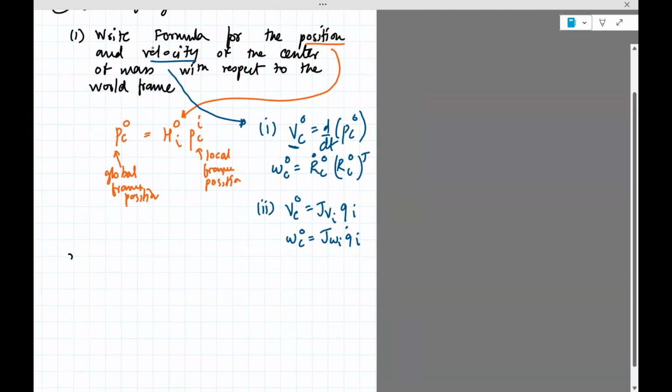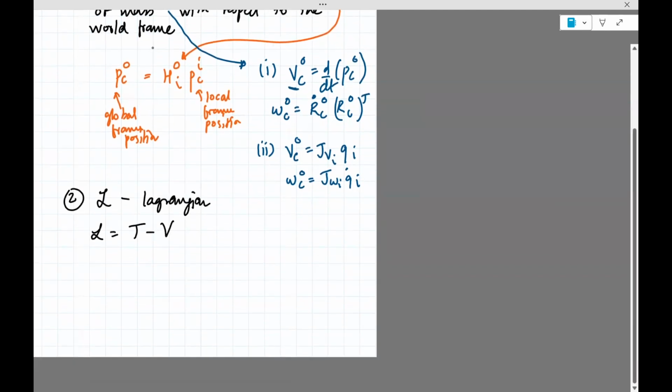Number 2 is to define this quantity called L, which is the Lagrangian, T minus V, T being the kinetic energy.